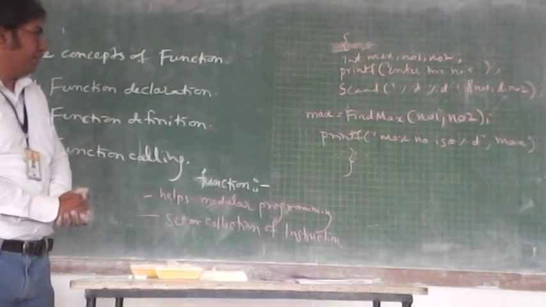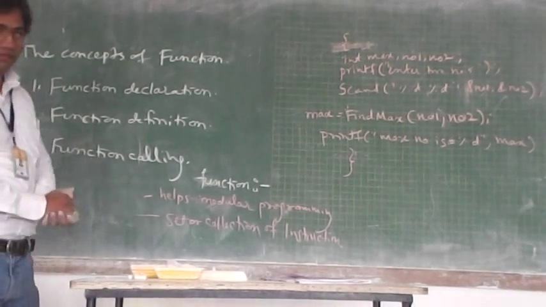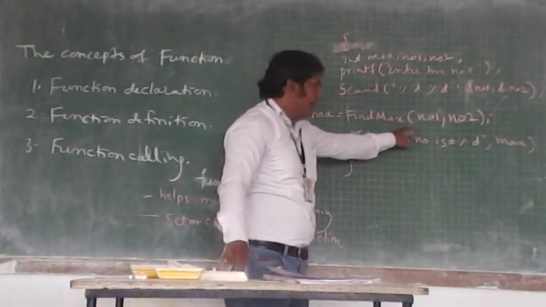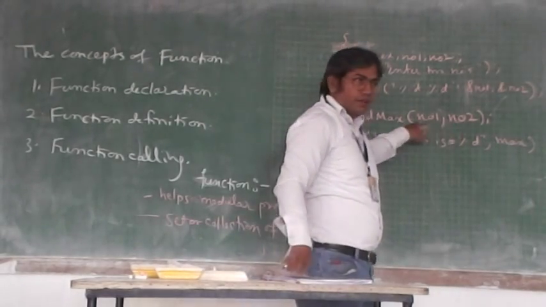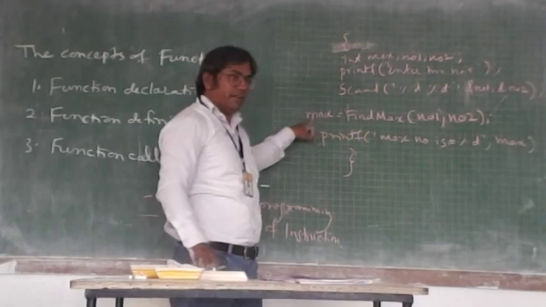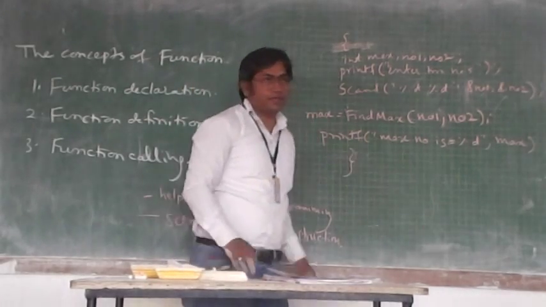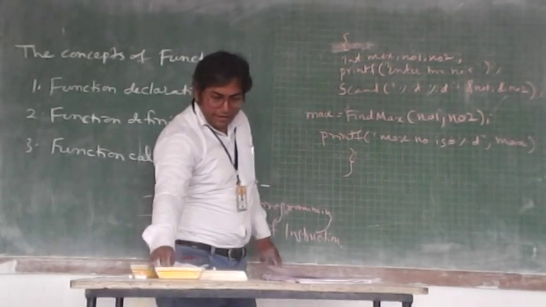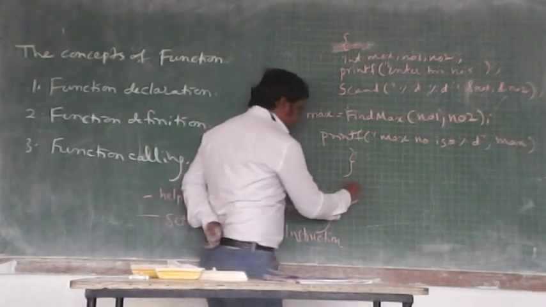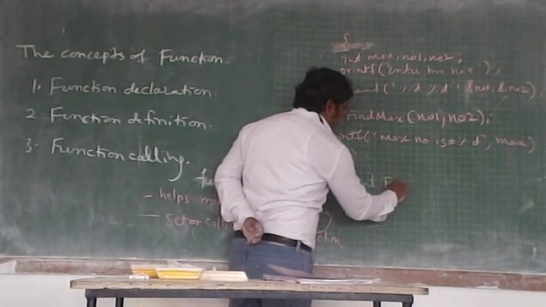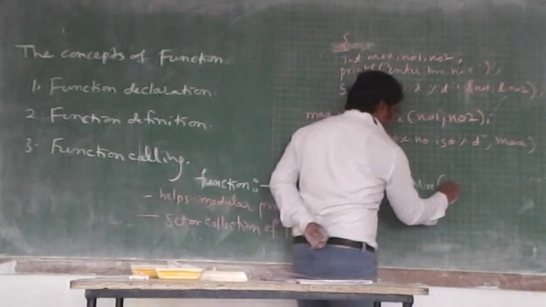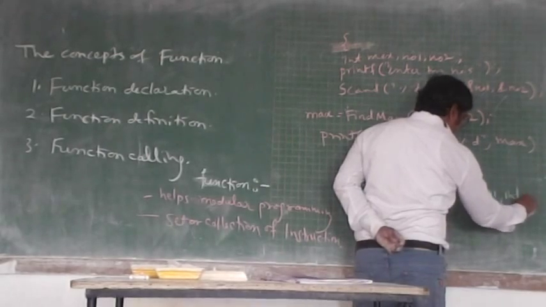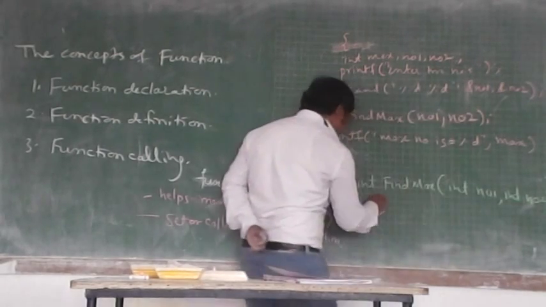I am using the function find max. I would say this is a function. To some name I passed two values, and this is returning me something, the max value, and that I am storing here, and that I am printing on the output device. And here what I will do, you just observe.